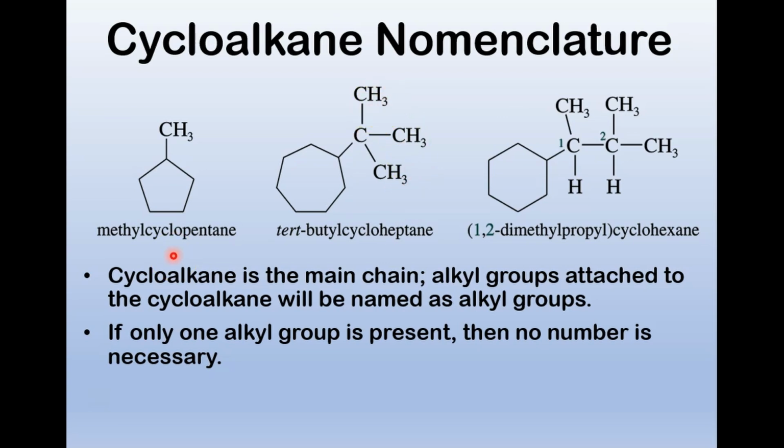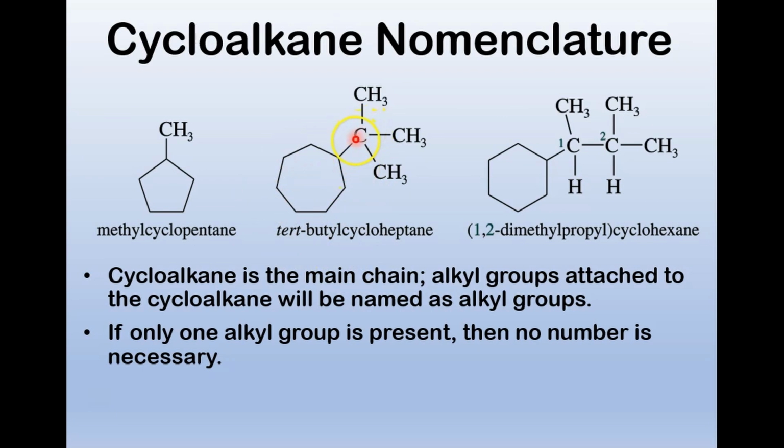And the day I was gone, I gave you a lecture for one of those days that goes over these alkyl groups. All right, so this is just methyl cyclopentane. 1, 2, 3, 4, 5, 6, 7. A heptane, cycloheptane, and I got a tert-butyl.